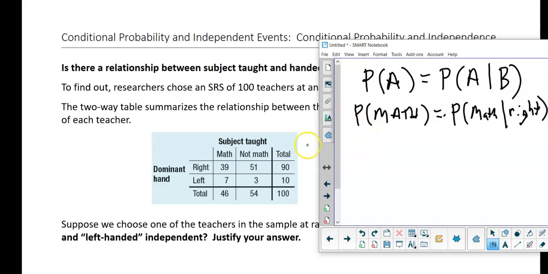So what's the probability of math? We have 46 out of a grand total of 100, or 46%. Given that you're right-handed, so I'm only looking at the righties here, there's 90 of those. So out of the 90, 39 are math teachers. So are those two equal to each other?